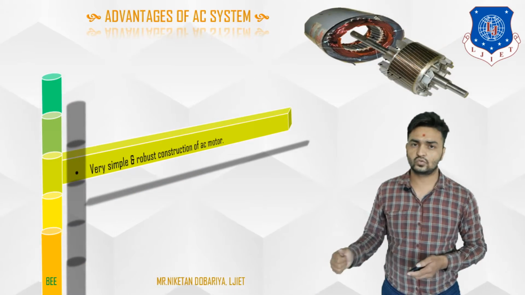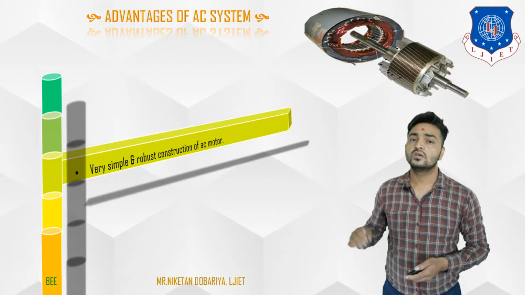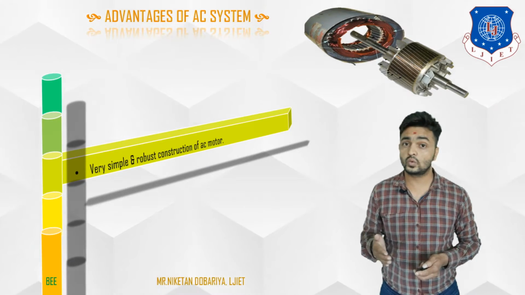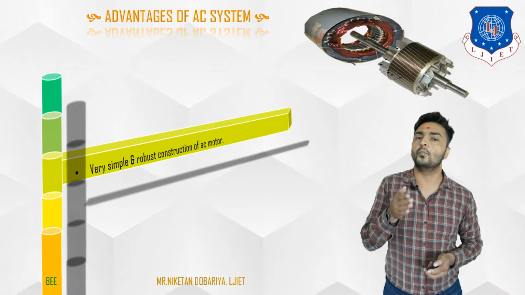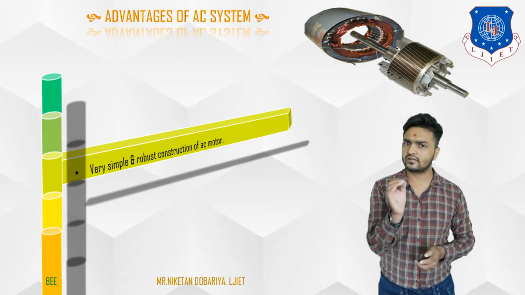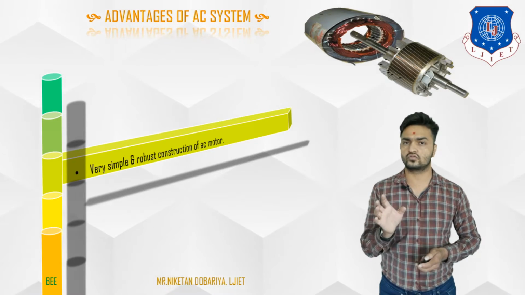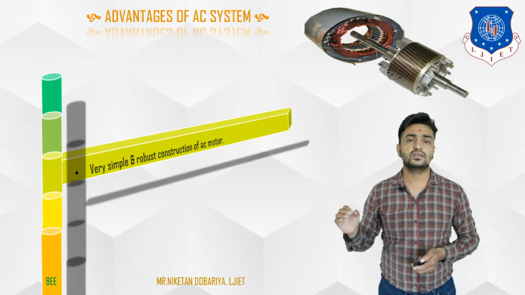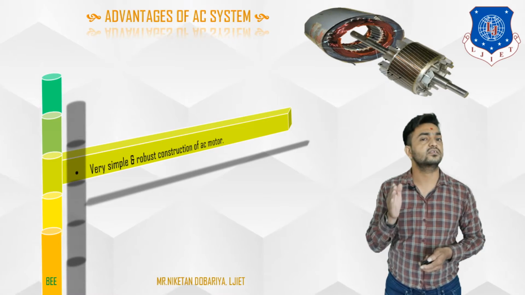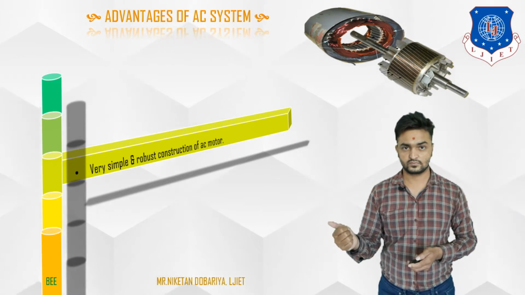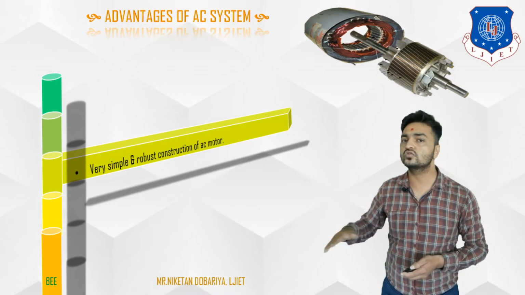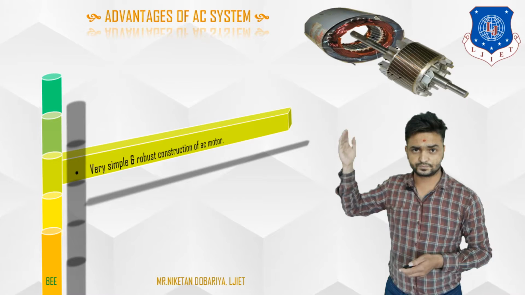Now, next one, and that is simple and robust construction of AC motors. First of all, why are we discussing motors over here? Because when we supply electricity to any loads, generally 70 to 80% of power is consumed by various types of motors. So as we have installed AC system, we are going to use AC motors.